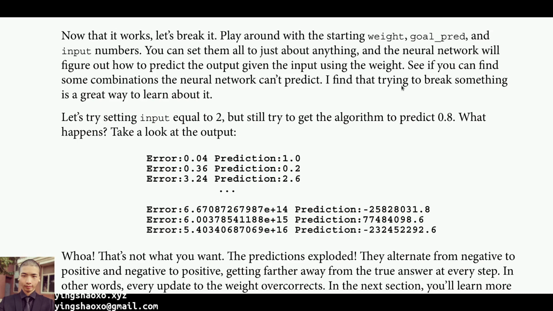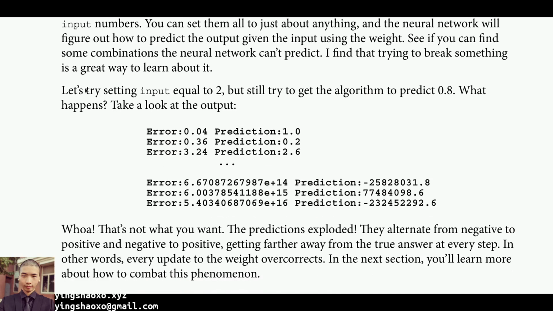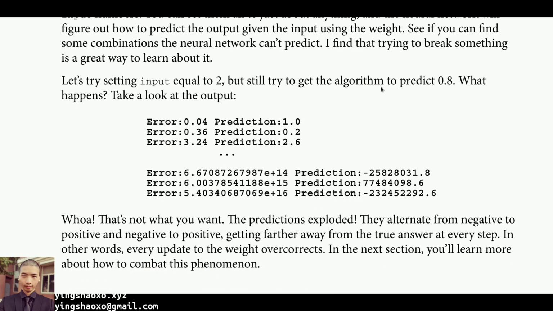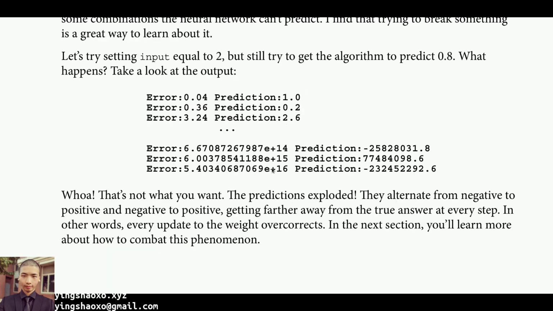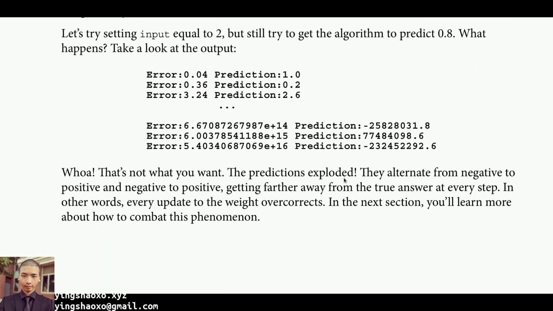I found that trying to break something is a great way to learn about it. Let's start by setting the input equal to 2, but still try to get the algorithm to predict 0.8. What you'll get is something like this. Well, that's not what you want. The prediction exploded.